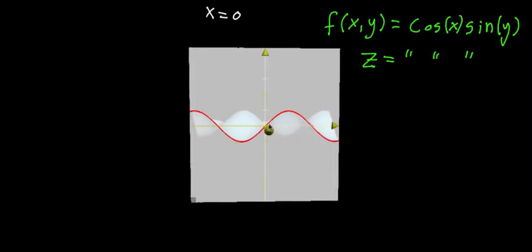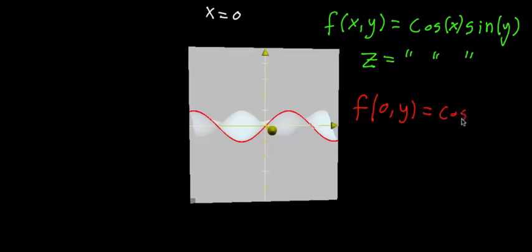It passes through the origin, it starts by going up, and this makes sense if we start to plug things into the original form here. Because if you take f and you plug in x equals 0, but then we still let y range freely, what it means is you're looking at cosine of 0 multiplied by sine of y.